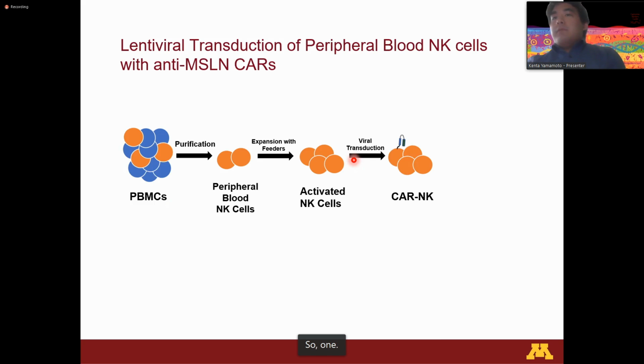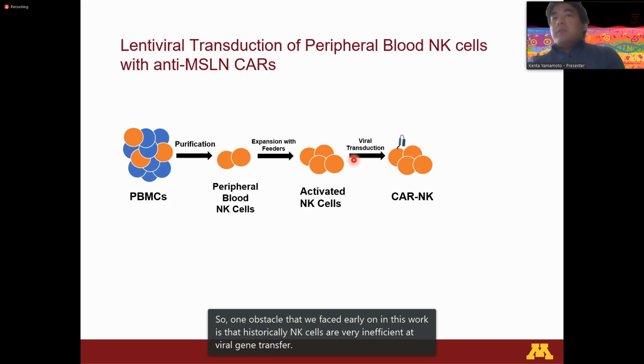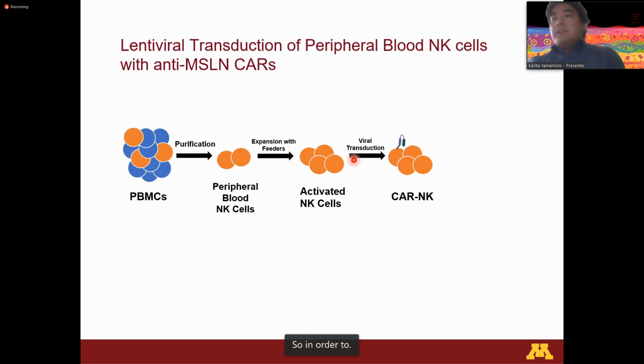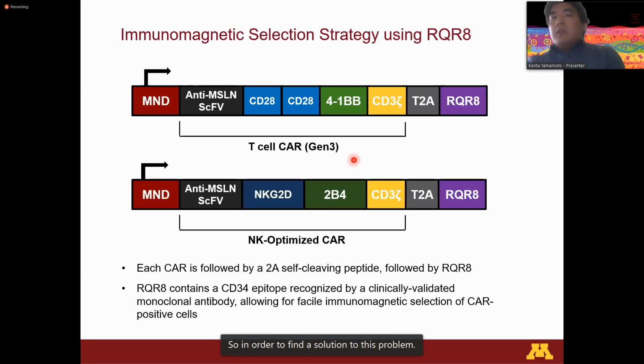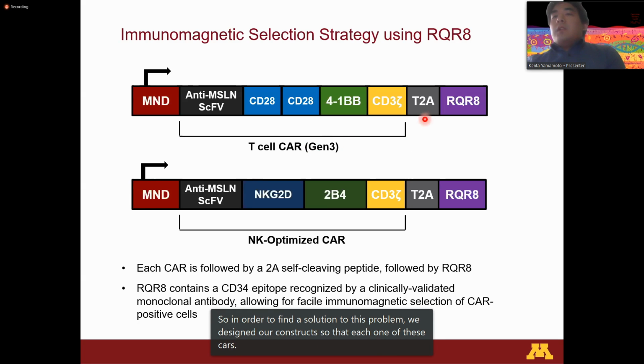So one obstacle that we faced early on in this work is that historically, NK cells are very inefficient at viral gene transfer, including with lentivirus. So in order to find a solution to this problem, we designed our constructs so that each one of these CARs was followed by a 2A self-cleaving peptide, followed by an RQR8 molecule.